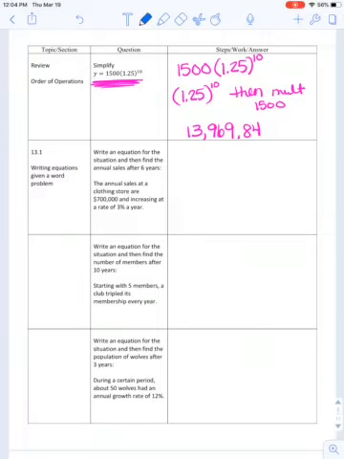Okay, today we're just going to look at a couple word problems and how we apply our growth functions to word problems. So the first one: write an equation for the situation, then find the annual sales after 6 years. So here's our situation. Annual sales are $7,000, and they're increasing at a rate of 3% per year.